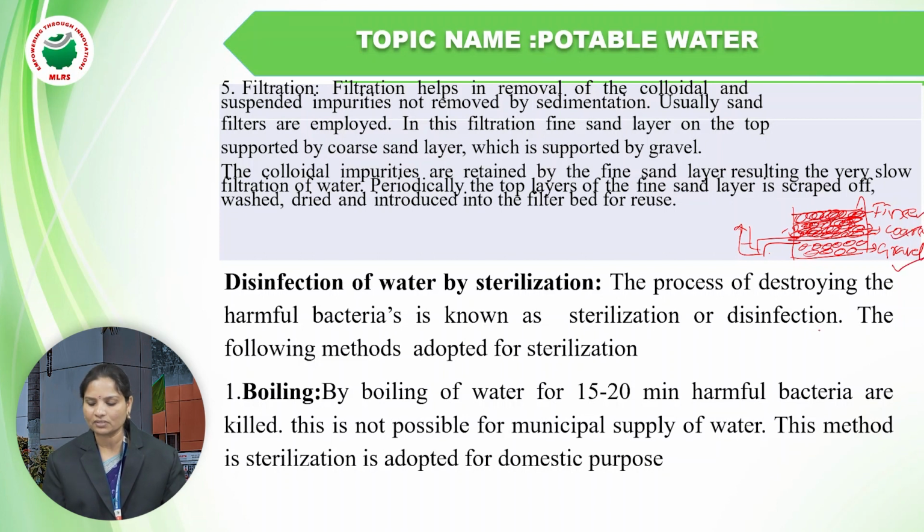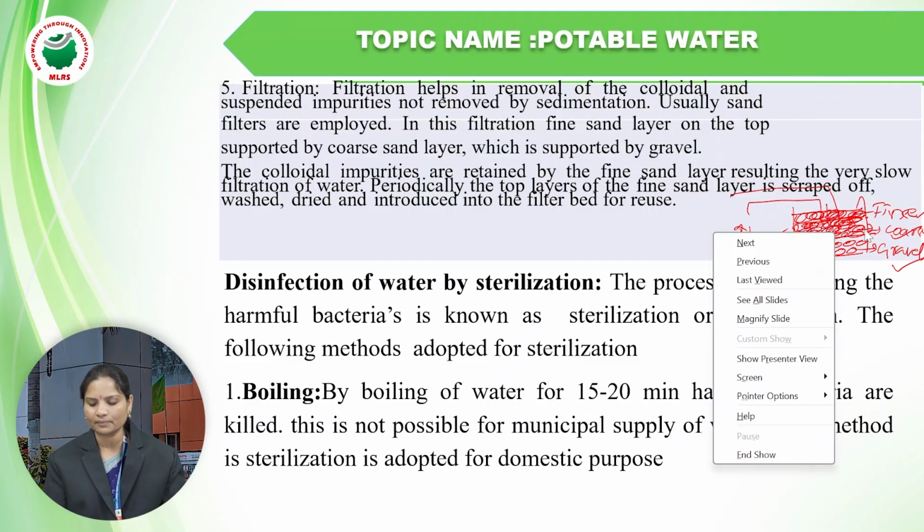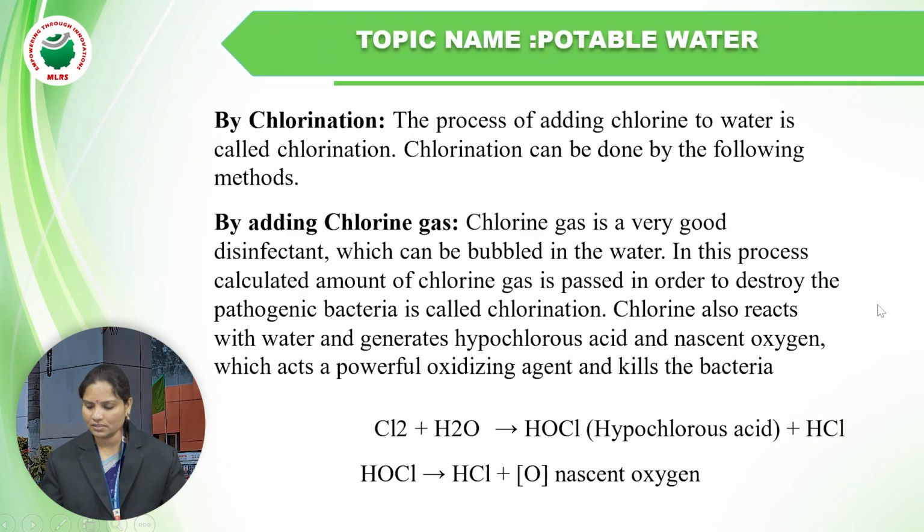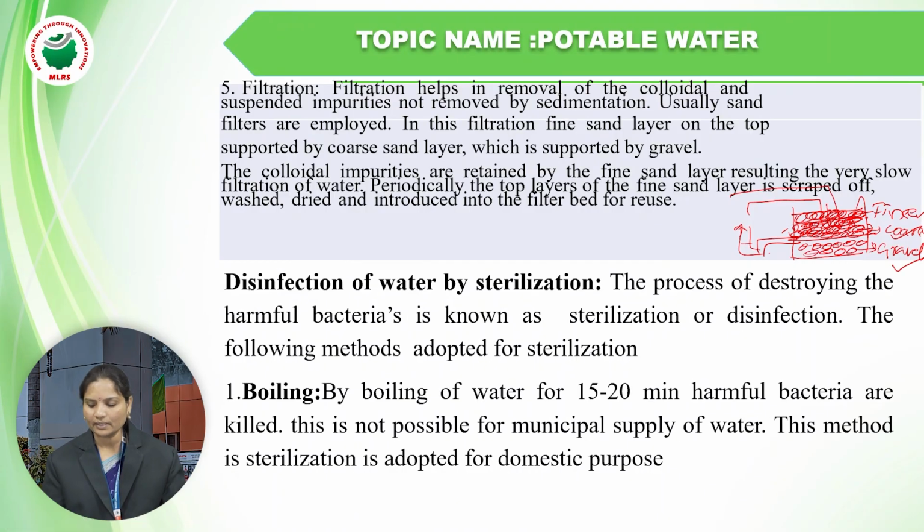When the hard water is passed through the first fine sand layer, some of the impurities are eliminated. Then the water flows to the second layer, and then to the third layer.